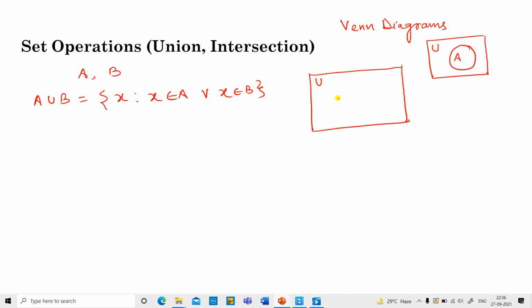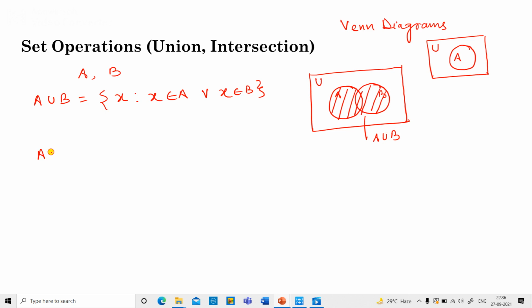This is the universal set, suppose this set is A, and suppose this set is B. Now look at the definition: X belongs to A or X belongs to B. It means A union B will include all the elements of A and B. So this is A union B.